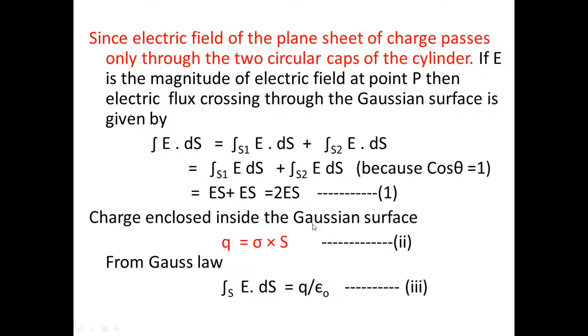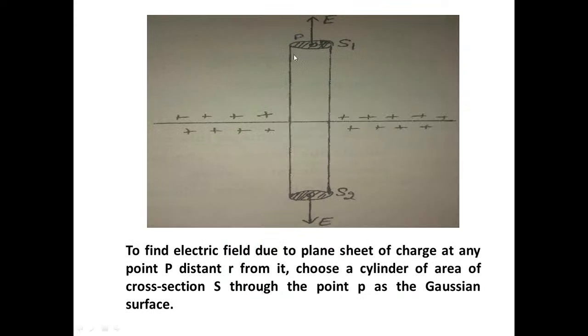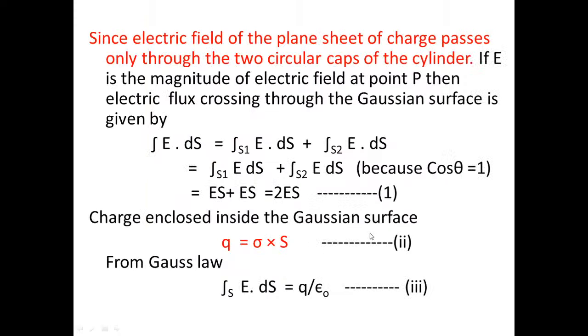Charge enclosed inside the Gaussian surface. Charge enclosed in the Gaussian surface we took as cylindrical, that is Q will be equal to sigma into surface area S, where sigma is surface charge density. So from Gauss law, integral over a closed surface S E ds will be equal to Q upon epsilon naught.